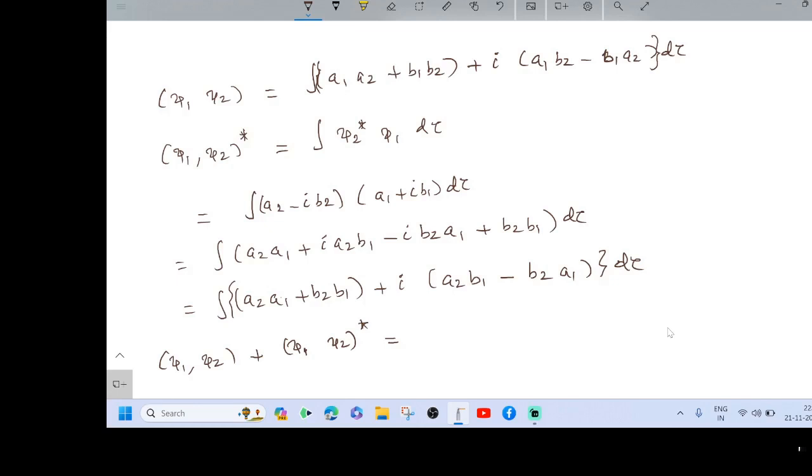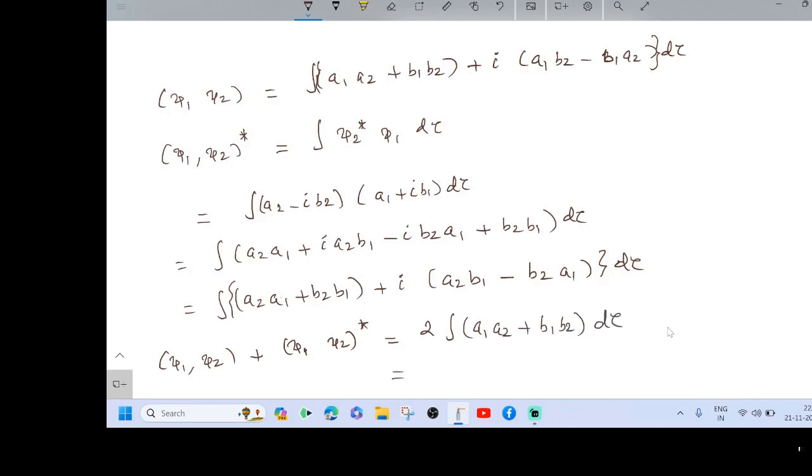The I terms are positive in one, a1 b2 minus b1 a2, and the same quantities are negative in the other, so those terms are cancelled out. This is equal to 2 times the integral of a1 a2 plus b1 b2 into d tau.